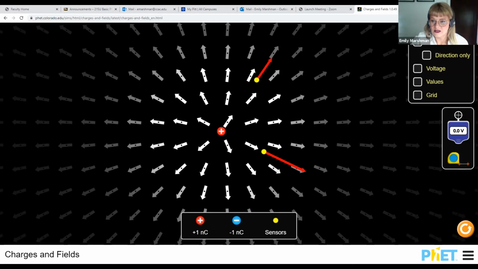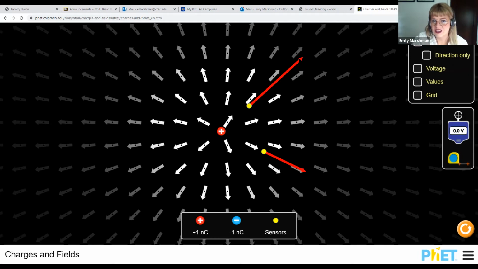The direction of the electric field of this positive charge is the same direction of the force if I put a positive test charge out here. So let's suppose these little yellow dots are where I place a positive test charge right here. The force here is repulsive, so the force is going to point outward, away.